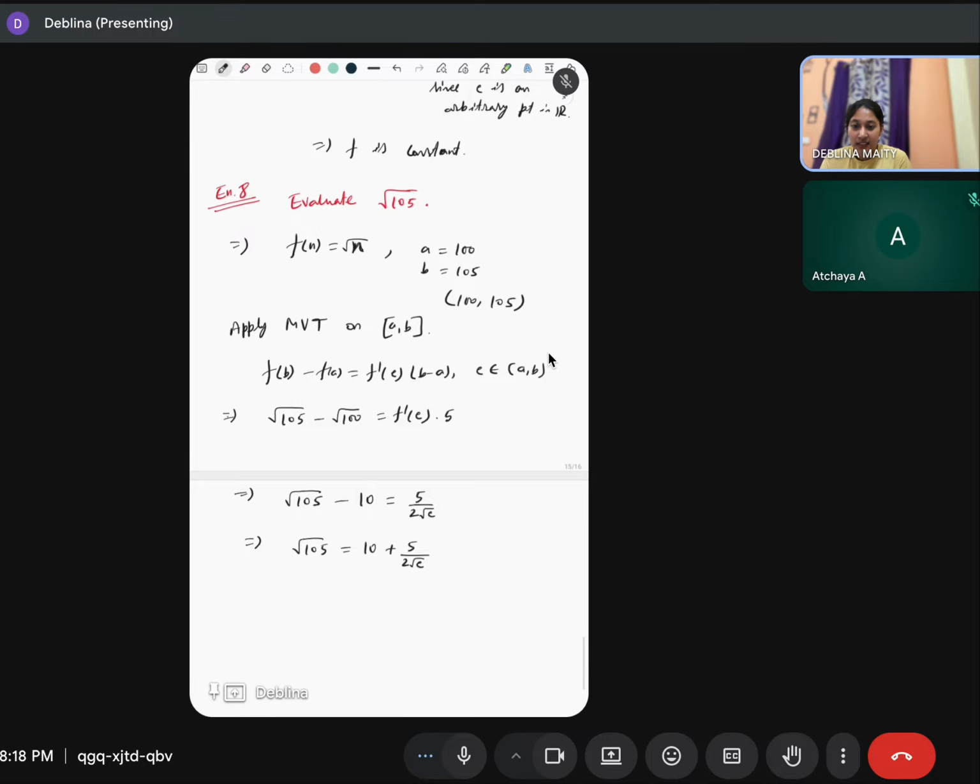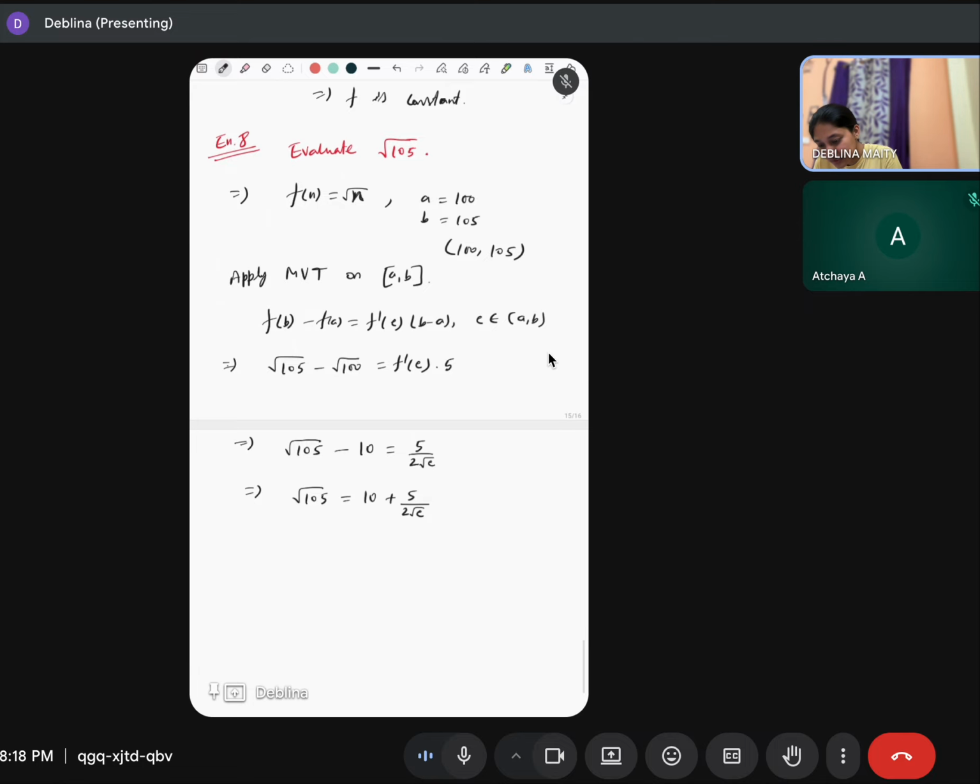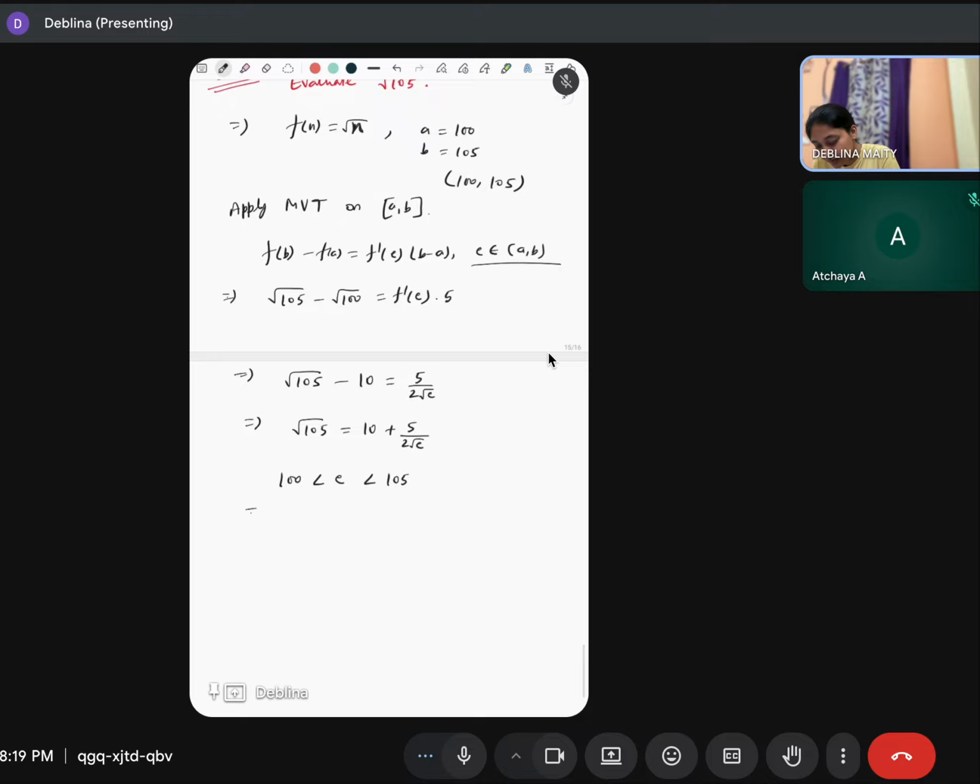Okay. Now we'll find the upper and lower bound of this root c. So where does this c belong? So c belongs to this portion, 100 less than c less than 105. So c belongs to the open interval (a, b), right? So this means 10 is less than root c, less than root over 105.